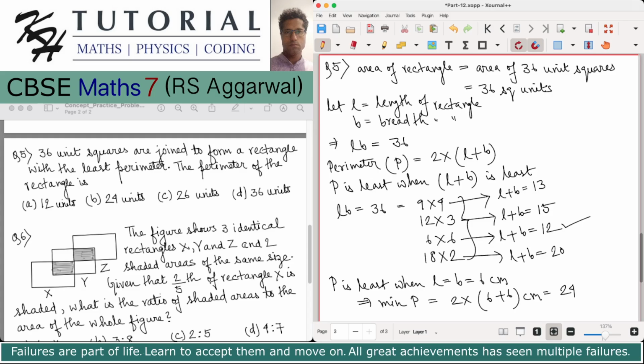Not centimeter, it is given in units, so it will be units. Length and breadth will be 6 units. So the least perimeter will be 2 into (length plus breadth), which is 24 units.